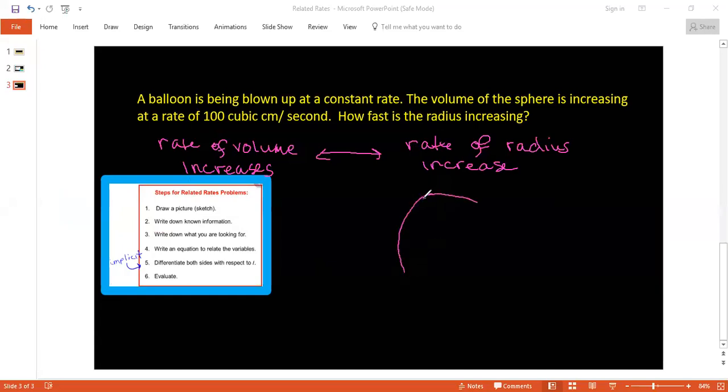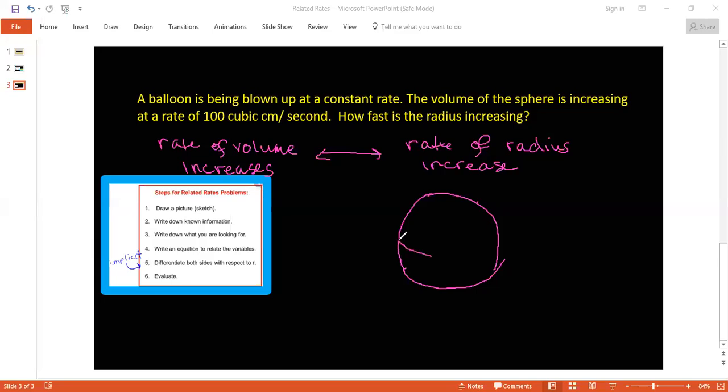And I know I've got this balloon, and as the radius is increasing, the volume's increasing, and also as the volume's increasing, the radius is increasing. So you've got this radius, and we'll call that r. And we know that we're dealing with volume.